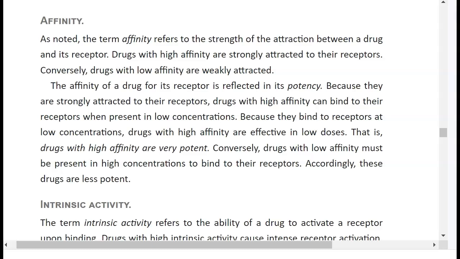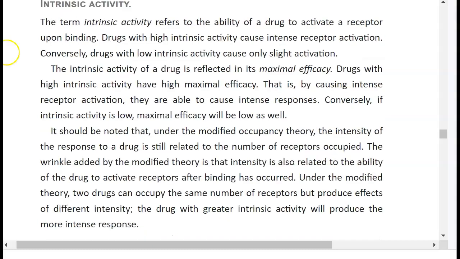Because high affinity drugs are strongly attracted to their receptors, drugs with high affinity can bind to their receptors when present in low concentrations. Because they bind to receptors at low concentrations, drugs with high affinity are effective in low doses. That is, drugs with high affinity are very potent. Maybe I only have to give 3 milligrams of that drug, and they're so strongly attracted, all 3 milligrams are going to find their target and come together.